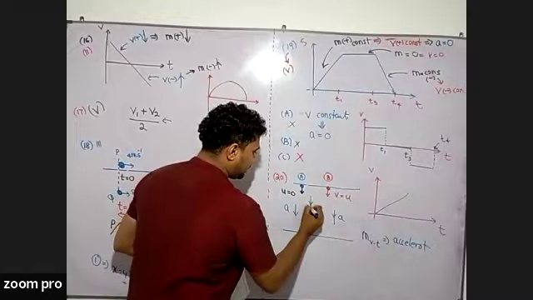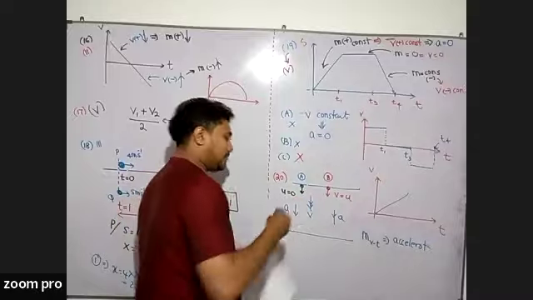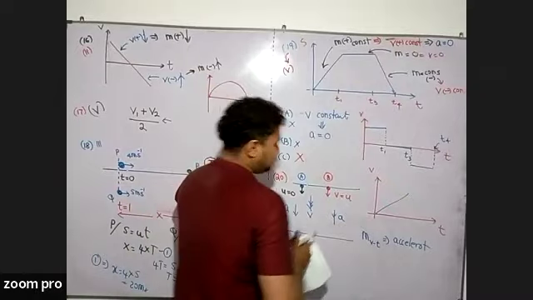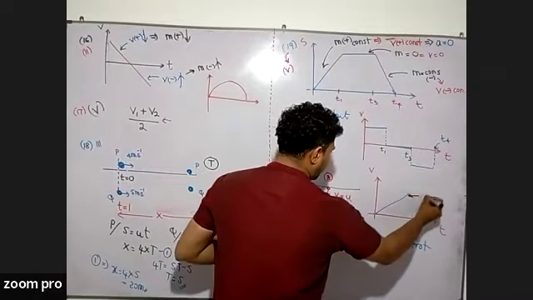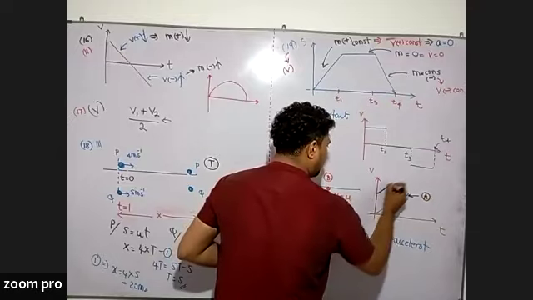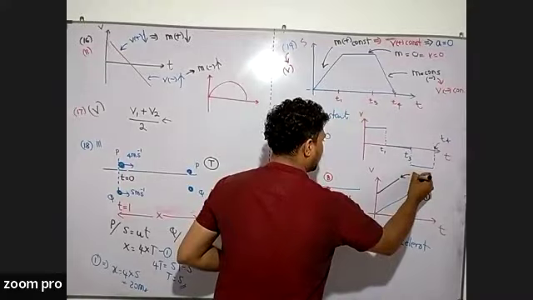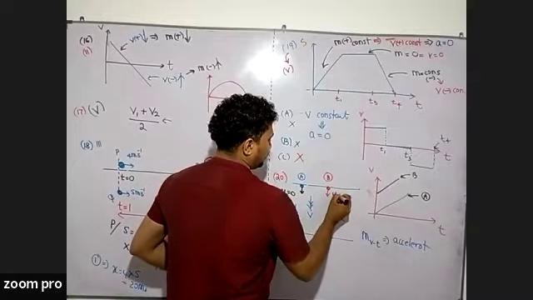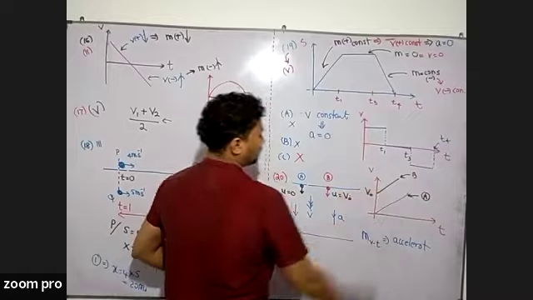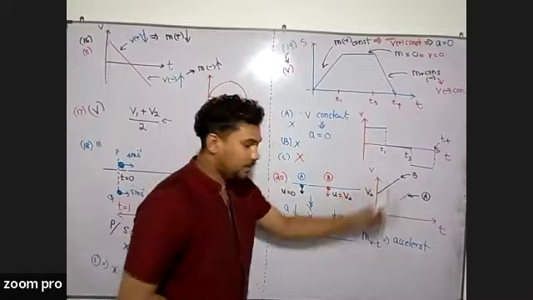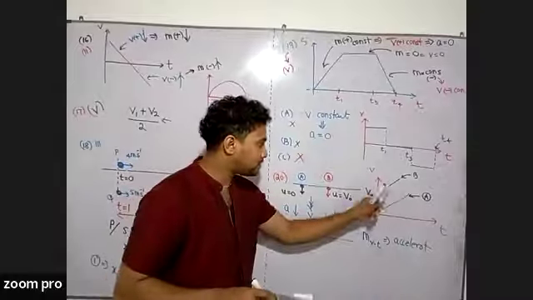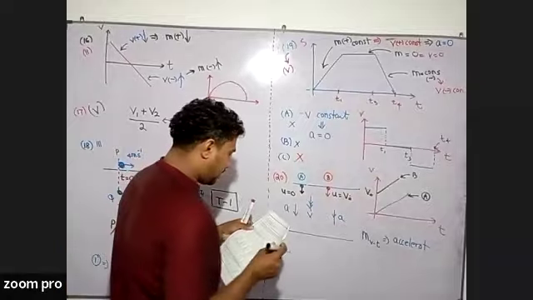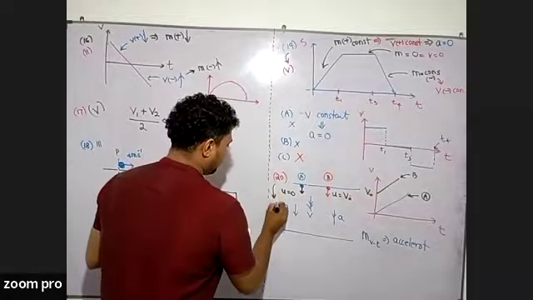Let's consider the velocities directed vertically downwards as positive. If this is the graph for A, the B graph should be drawn like this because initially there's an initial velocity v naught. These graphs should be parallel to each other because the gradient is equal. So the best answer for the 20th question is the first one.